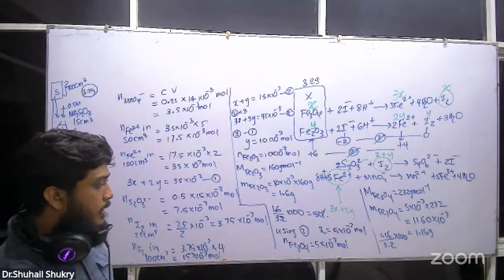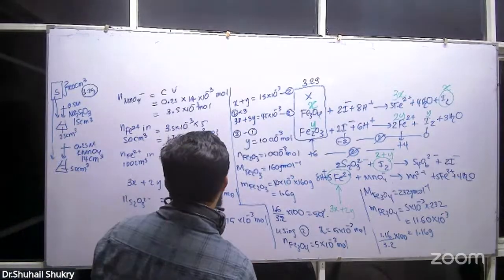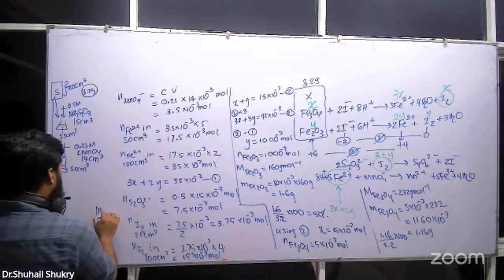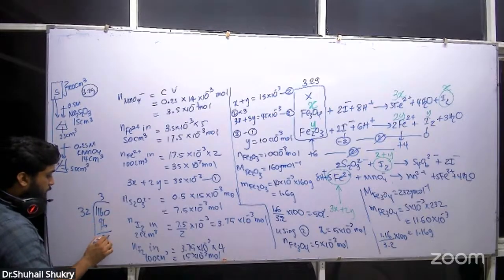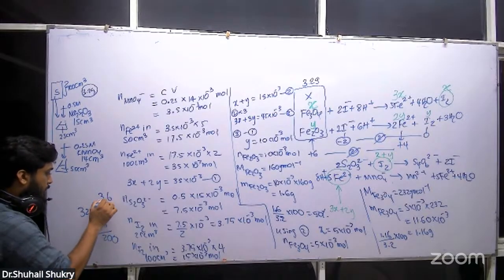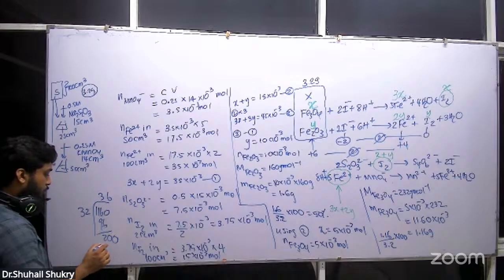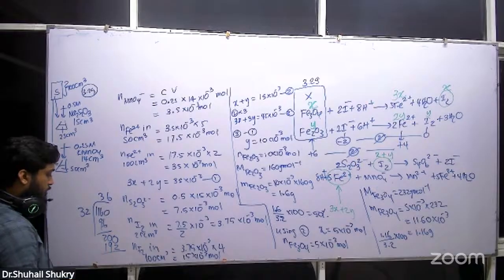If you simplify, you get the percentage. Right? 1160 divided by 32. 1160 divided by 32 now. 3 into 32 is 96. Then 20 remainder, 200, nearly 6 I can put. 6 into 32, then 18, 19. Let us say 8.